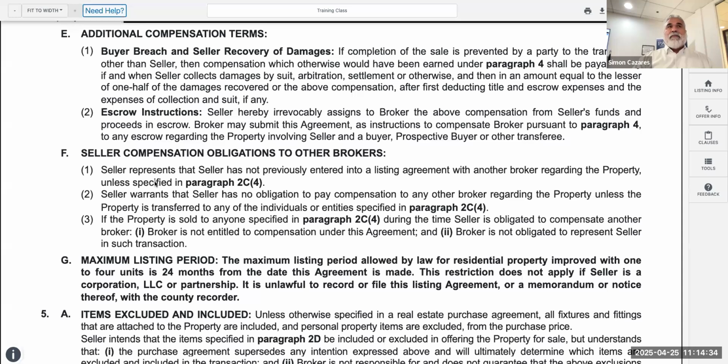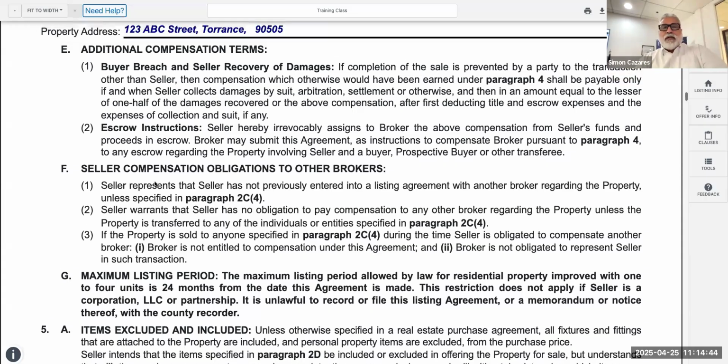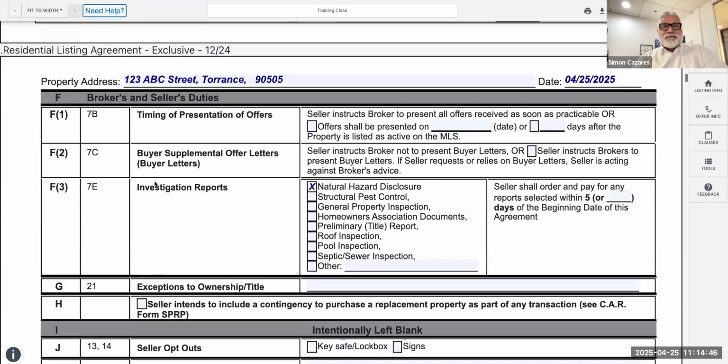Okay. Now, it's few and far between that that happens. But that's the protection for the seller because they don't want to pay double commission. Okay. I hope that kind of answers your question.